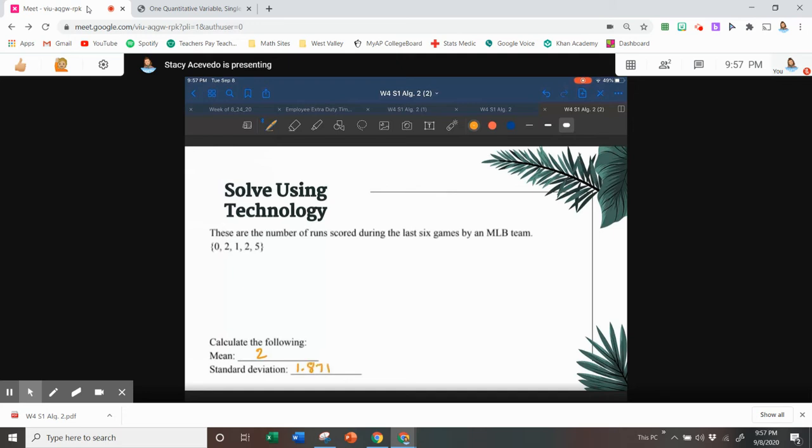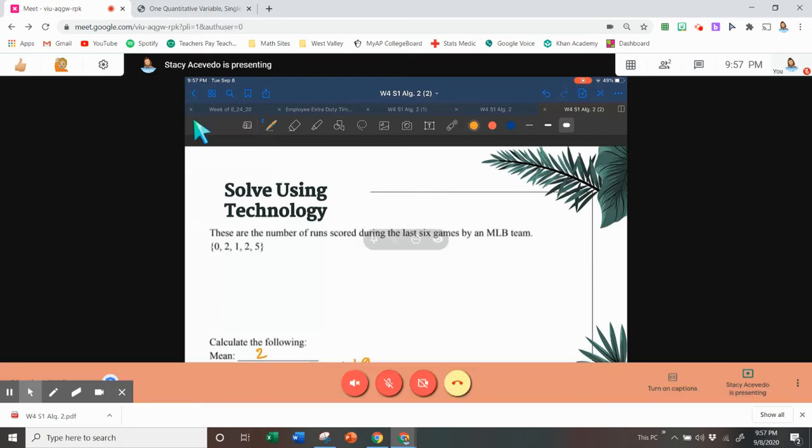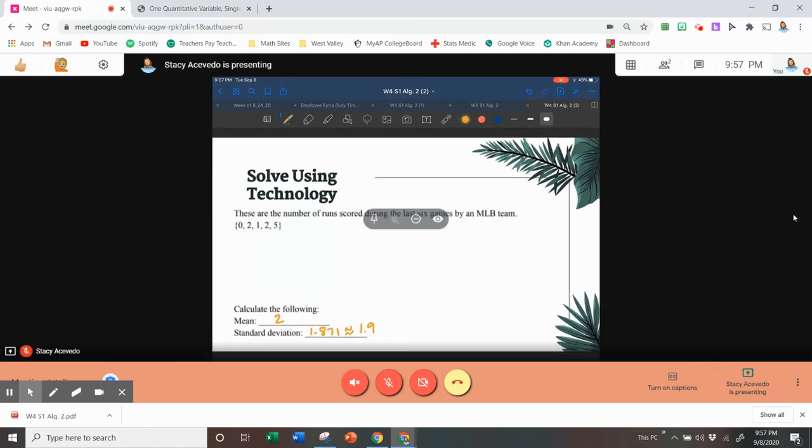Or approximately, you can round it to 1.9. I think that's a lot easier to do than calculating by hand.